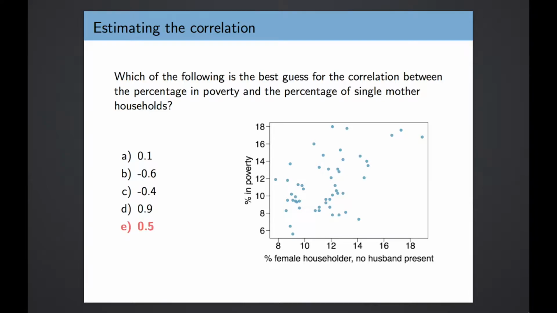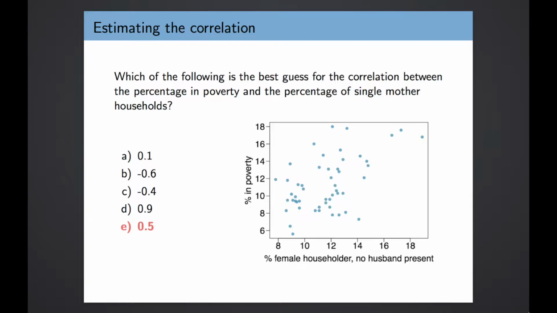So we can see that these two variables have a positive relationship with one another, so we can eliminate the negative options out of this list. And then we're choosing between a really weak correlation of 0.1, a really strong correlation of 0.9, and sort of a medium correlation of 0.5.